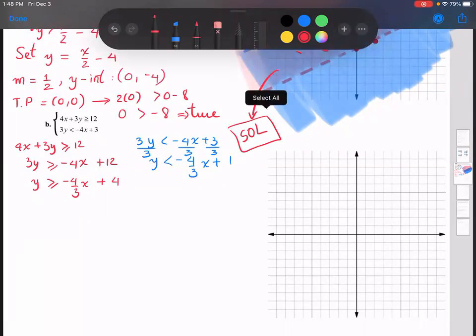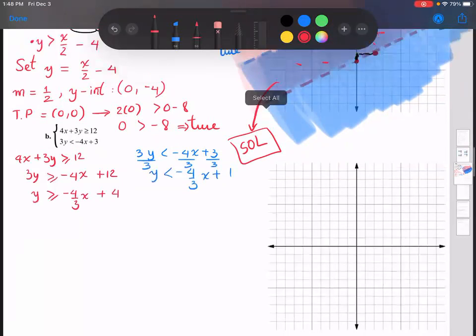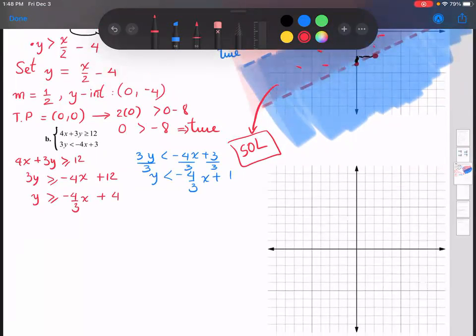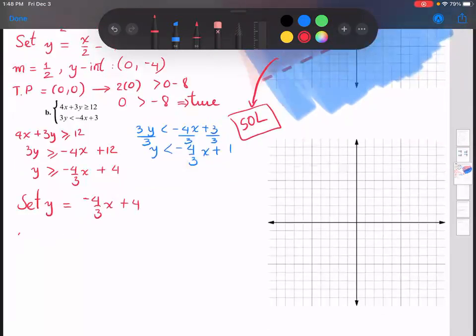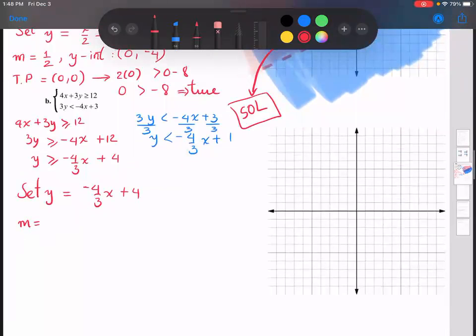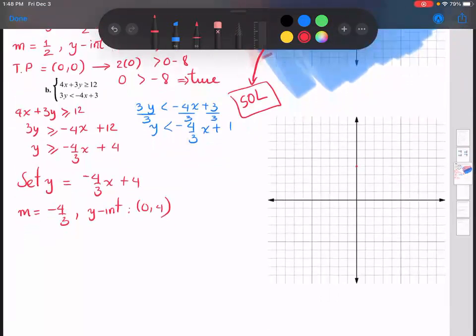All right, for the red one, what's the first step? Yeah, set y. Instead of the inequality, you replace it with the equal sign. And then the slope, then the y-intercept. So from 0, positive 4 right here. What does negative 4/3 tell me to do?